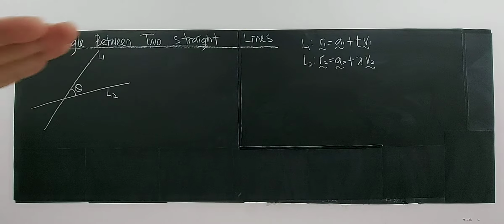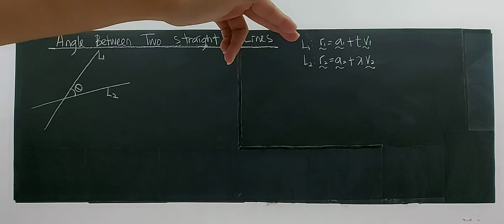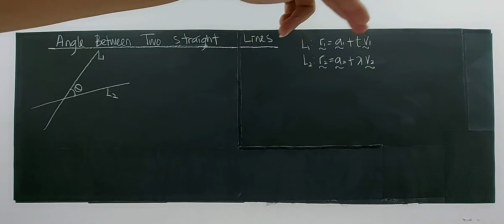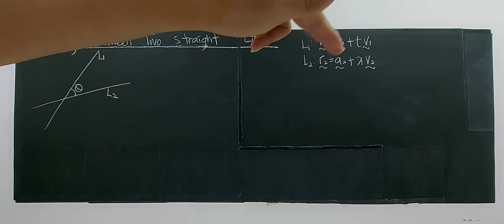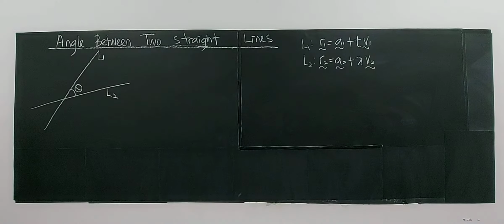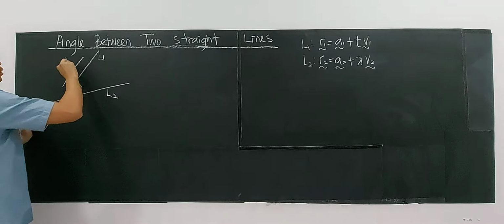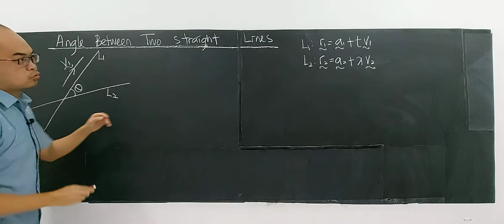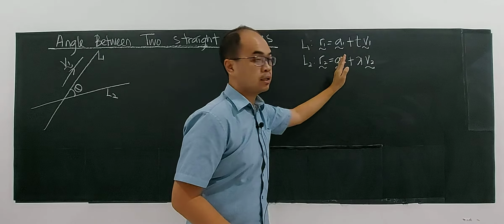Two direction vectors. For line 1, we have its direction. As you know, this is a fixed point, a position vector, not a direction vector. This is the direction vector, which represents the direction of the line. And for line 2, this is the fixed point, a position vector, not a direction vector.